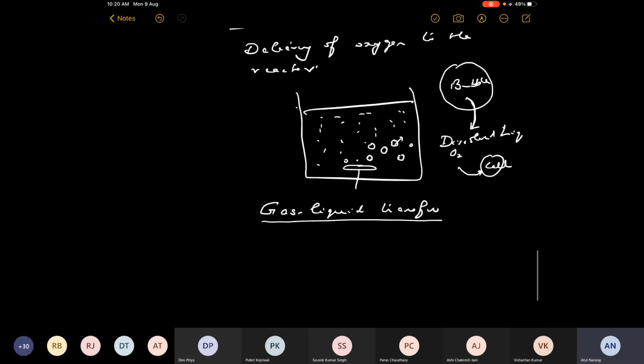Then once we are done with all this, we start looking at different types of reactors.